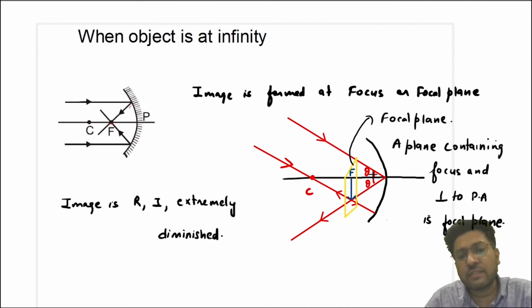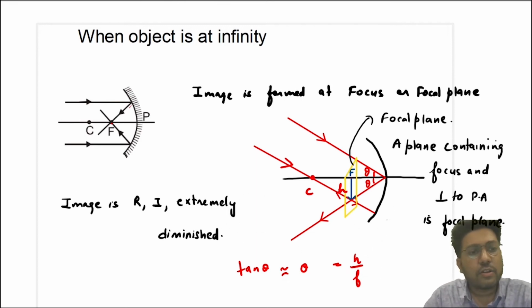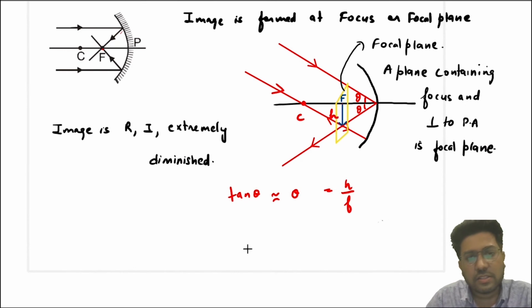Why? Because the angle of incidence is equal to the angle of reflection. Then suppose the height of the image is h, then tan theta, which is nearly equal to theta, is equal to h by f. Or you can say that the height of the image is equal to theta times f.